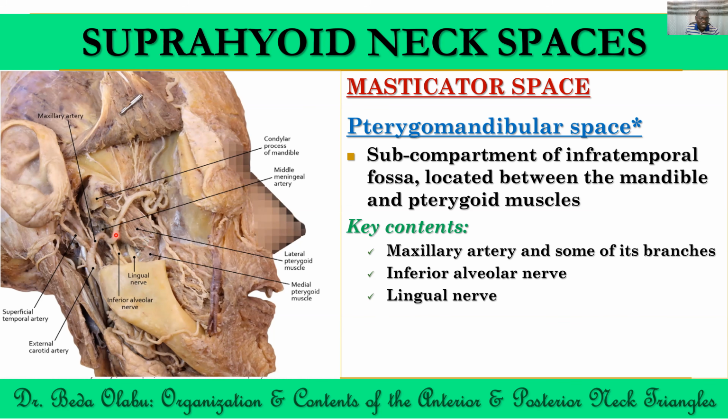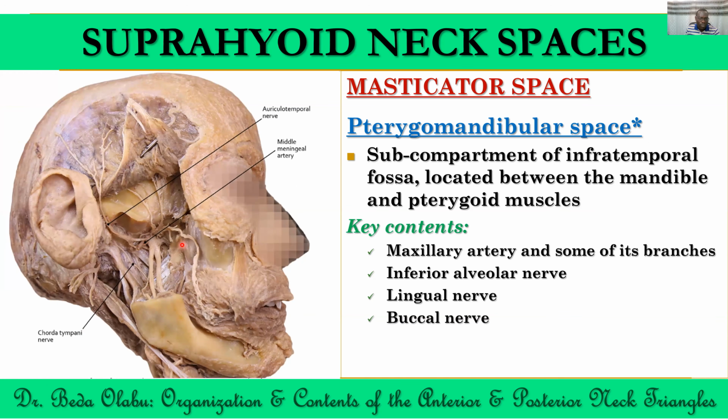And so these structures between the mandible, which has been removed, and the muscles is what we call the pterygomandibular space. The buccal nerve is also there, which is this one. Or that one, that's a buccal nerve. We can see it clearly there. Nerve to mylohyoid is this one. It's a branch of the inferior alveolar nerve.